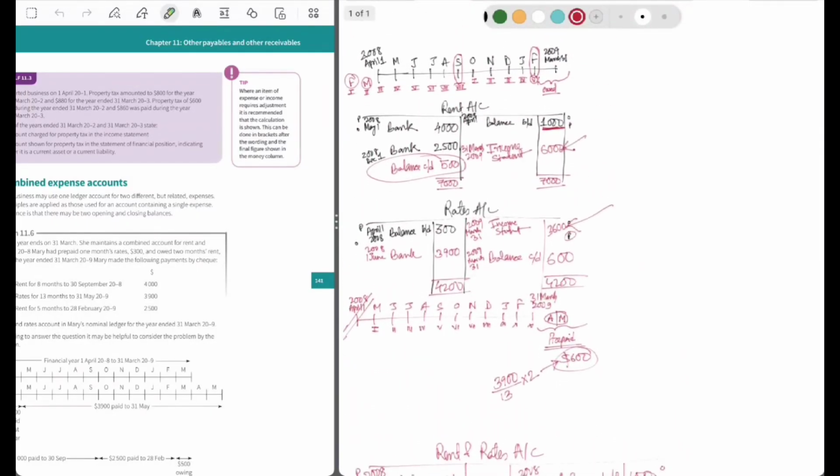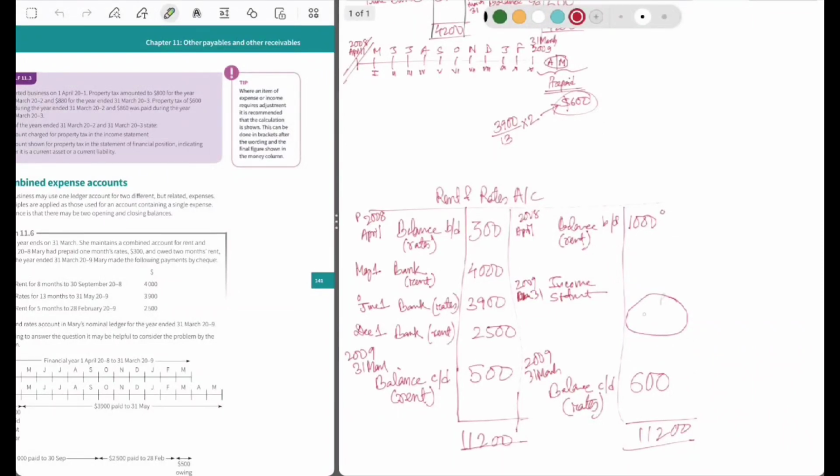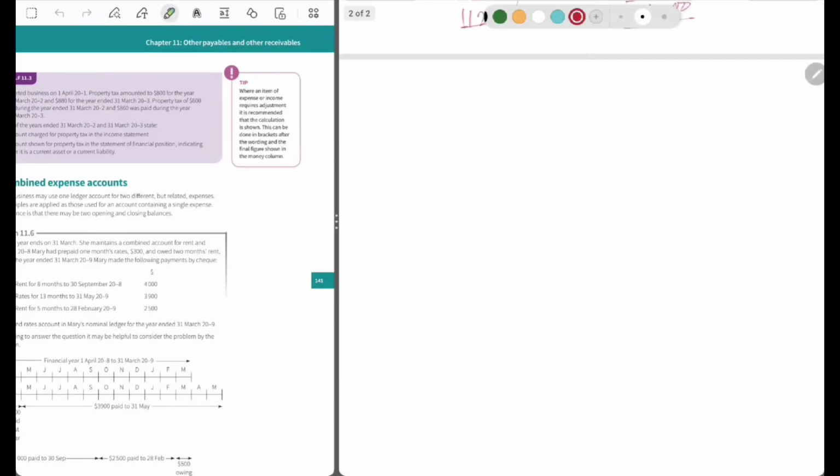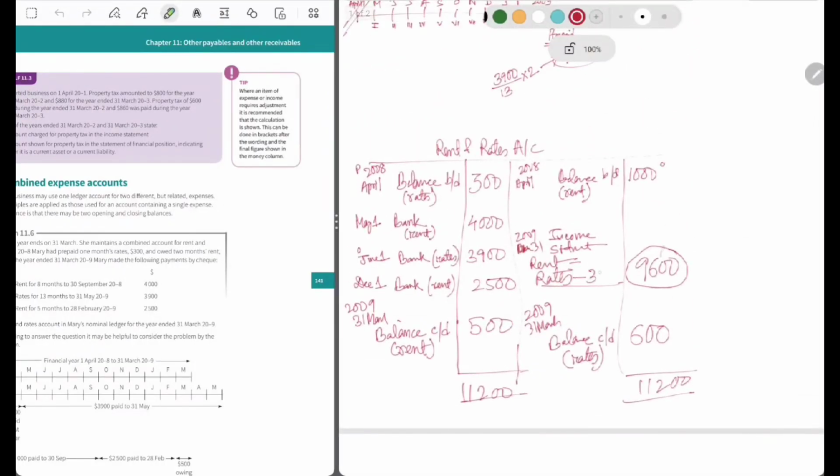Yes, this answer will come as 9600. When you total it, this will be for rent and this will be for rates. You'll get the balancing figure as 3600 for rates and $6,000 for rent.